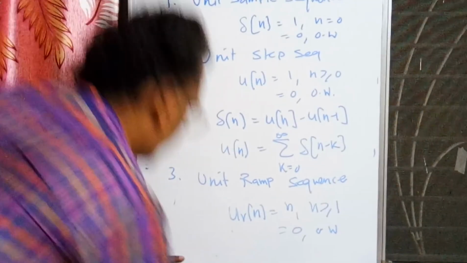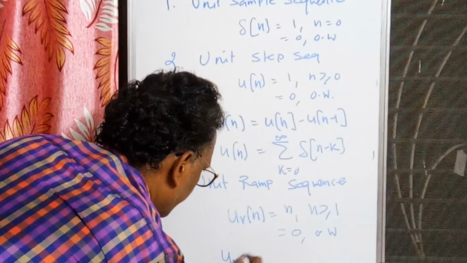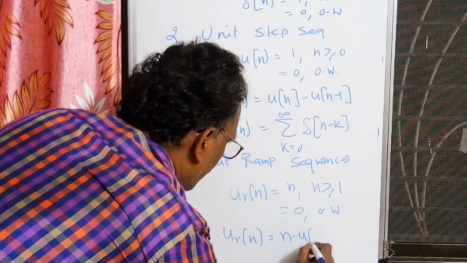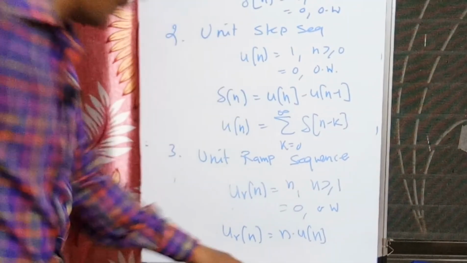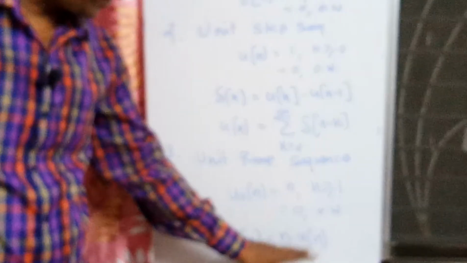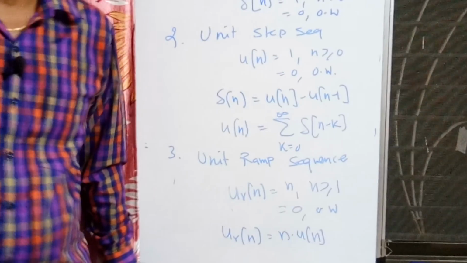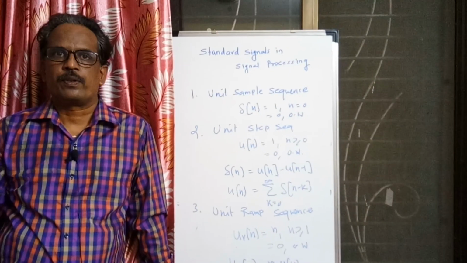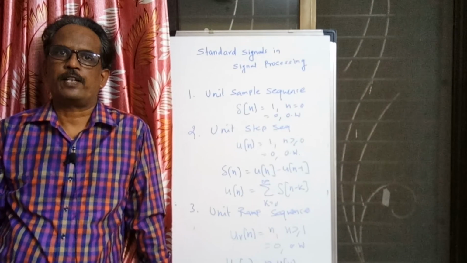We have also shown that u_r(n) can be written as n times u(n), and u(n) can be written in terms of the earlier equation, which can be placed here. So u_r(n) can also be expressed in terms of the delta function.